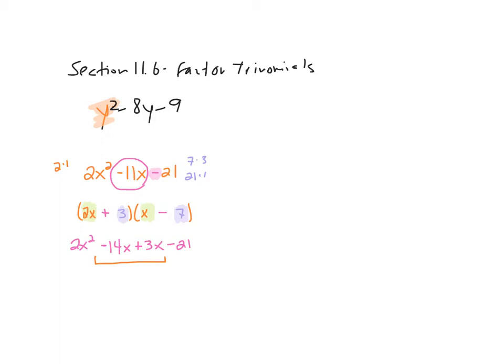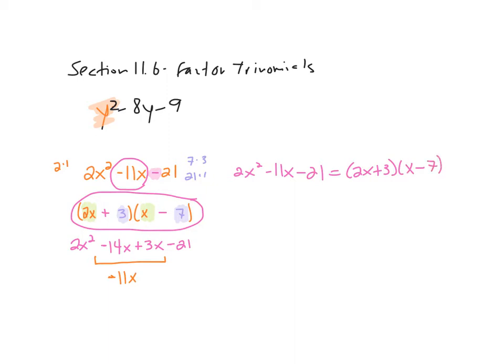Well, in this case, negative 14x plus 3x does indeed give us negative 11x. So guessing the first time, we came up with the correct factorization. So 2x squared minus 11x minus 21 factors into 2x plus 3 and x minus 7.